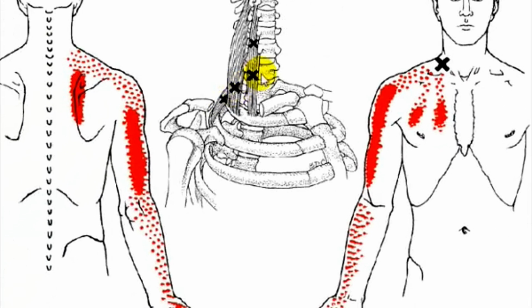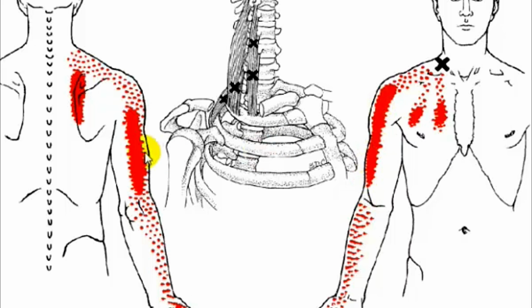These trigger points refer pain in a very broad pattern, which makes them mimickers, because in the front they refer pain into the chest and into the front of the arm, which is a very common presentation for shoulder pain.